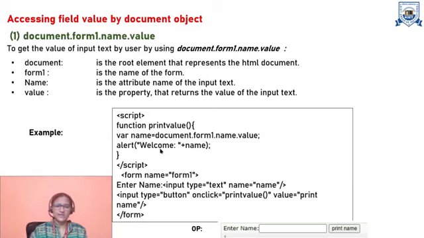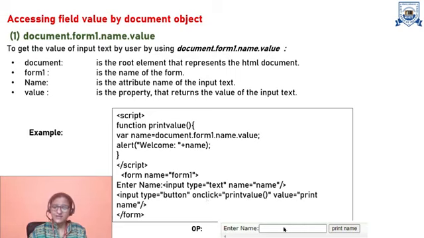With the example, we can look over here. Here in the form, we have given the form name form1. We have made an input type, a text box, and its name is name. It can be anything. Then we have placed a button over here and written an event handler: on click, as soon as we click the button, the print value method is called.